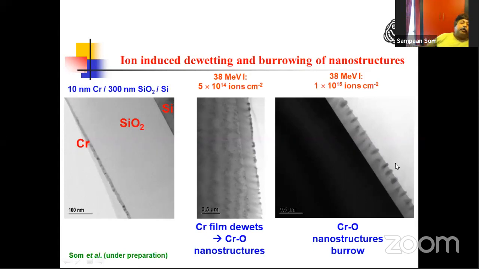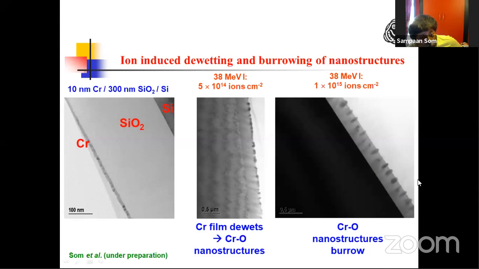Remember, this experiment was designed to undertake such burrowing because it is Newtonian viscous flow that helps to tune the surface and interface energy of these nanostructures within this highly viscous, under ion bombardment, SiO2 thin film.